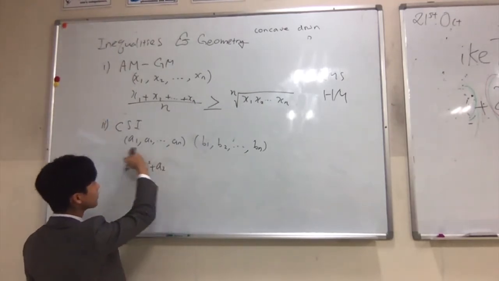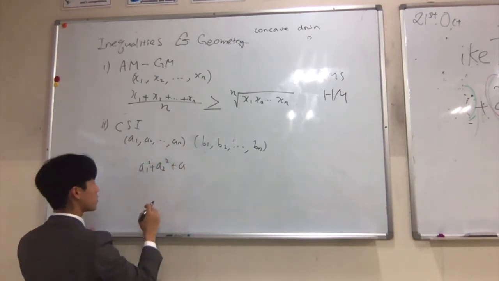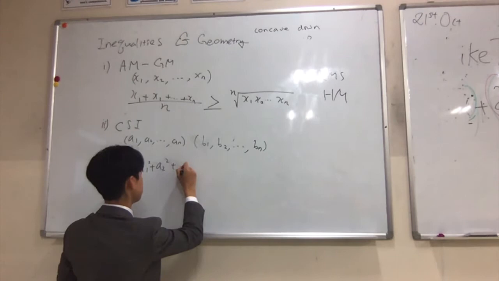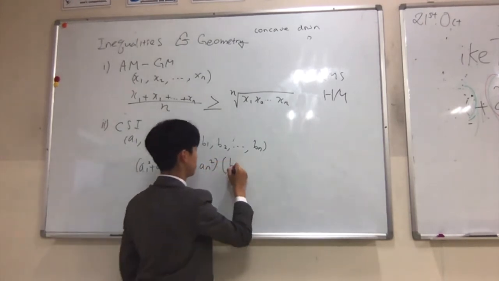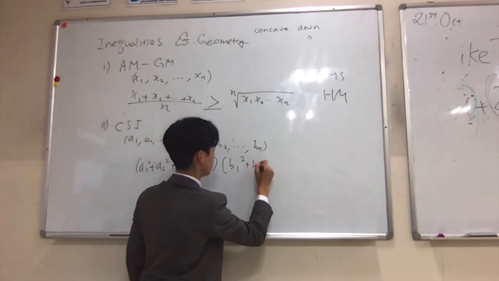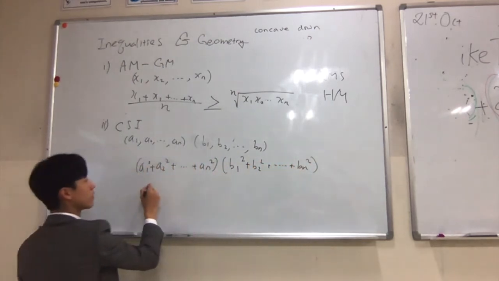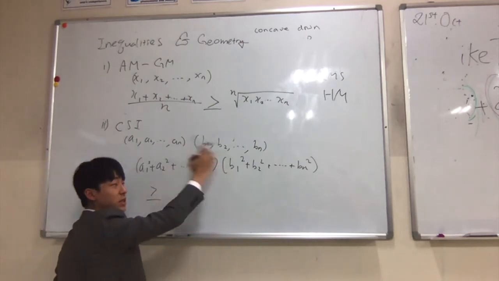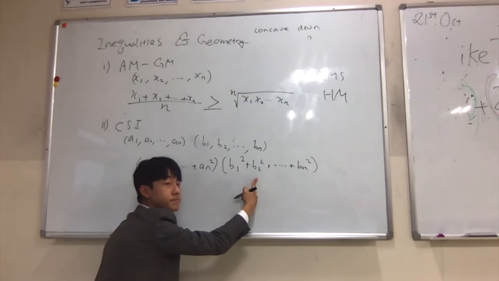Then, for this set of numbers here, let's square each of them and add all of them up together. And then we also do the same thing for B1 up to Bn, and then we multiply them.